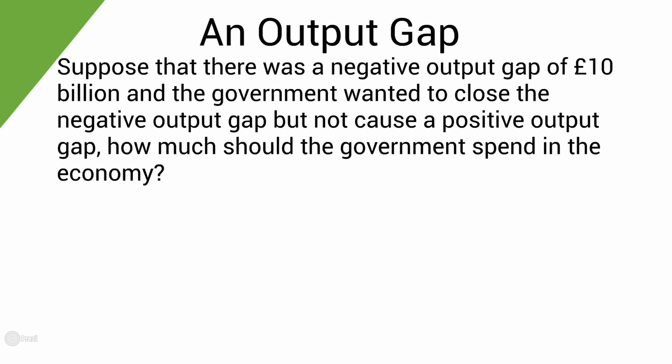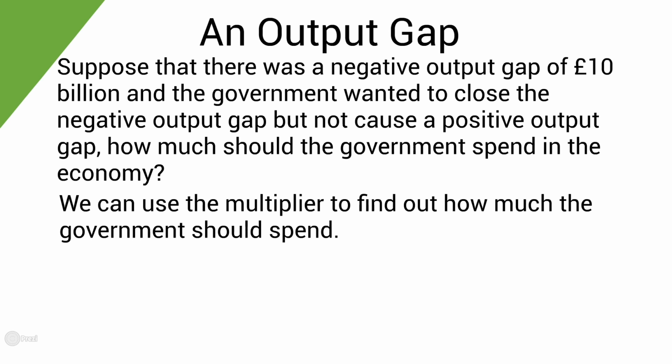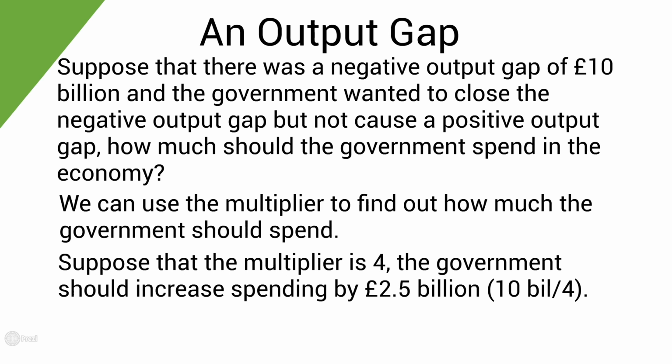Suppose that there was a negative output gap of £10 billion in an economy, and the government wanted to close the negative output gap but not cause a positive output gap. How much should the government spend in the economy? We can use the multiplier to find out how much the government should spend. Suppose that the multiplier is 4.